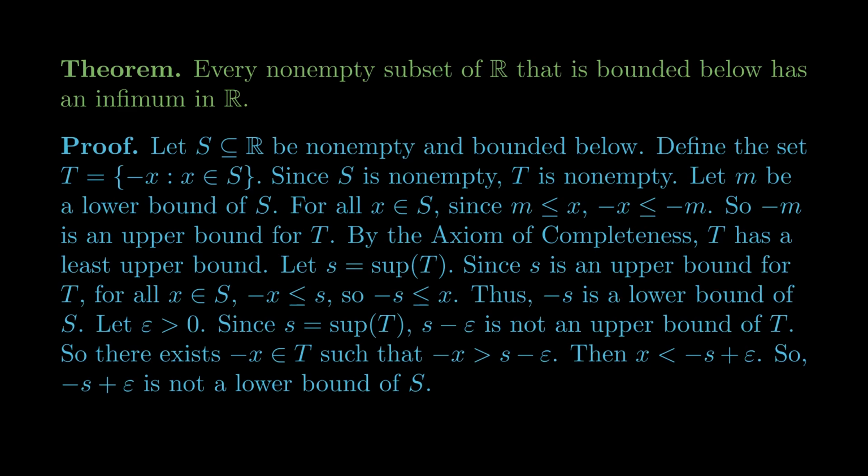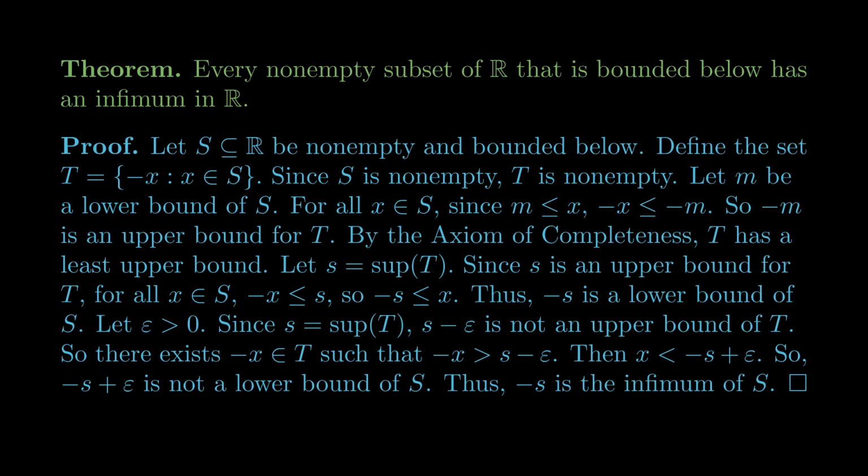What's key in this argument is that it works for all values of epsilon greater than 0. It works for epsilon equals 1 or 0.1 or 0.01 or any small positive number. So no real number greater than negative s can be a lower bound for our set. Thus, negative s is the infimum of the set S. This use of an arbitrary epsilon greater than 0 is a theme throughout real analysis that we'll continue to see.